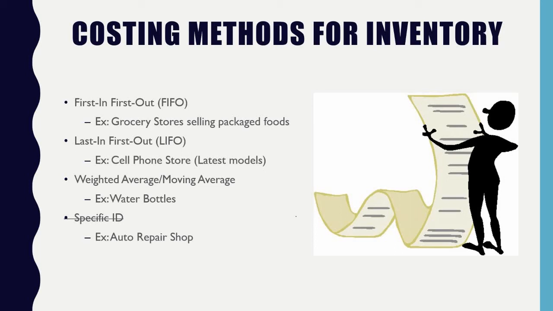We saw yesterday what happens when you purchase and what happens when you sell. You're constantly updating your inventory on a daily basis. This time we're going to be applying the FIFO method, and we're also going to take a look at LIFO as well as moving average.